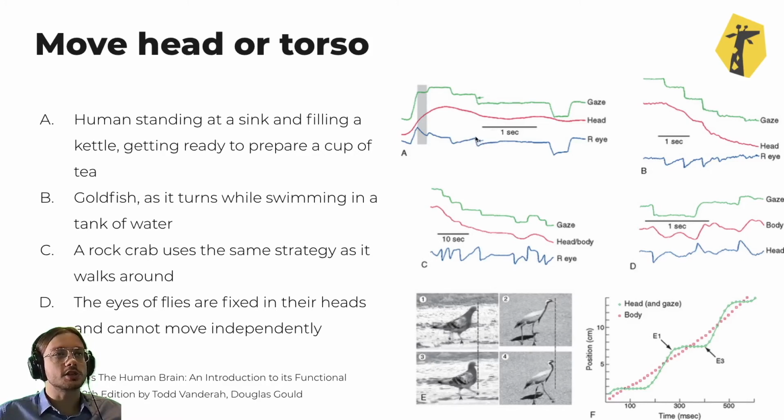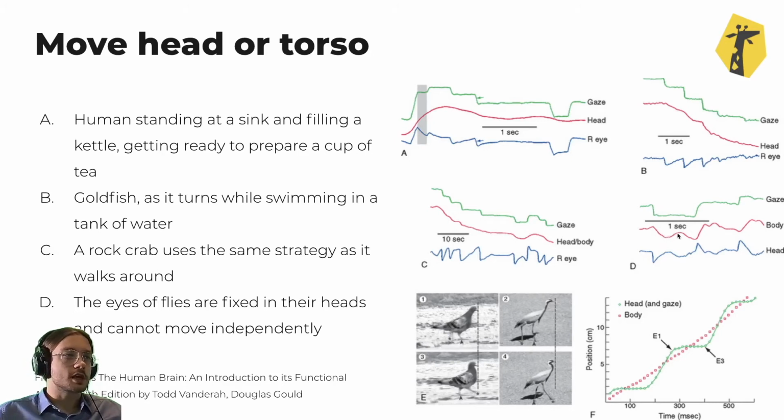These are relatively small changes in our gaze direction. We will speak more about it in later slides, but in this experiment the gaze in the right eye is similar. For example, for a goldfish, it's a relatively smooth head movement as well.